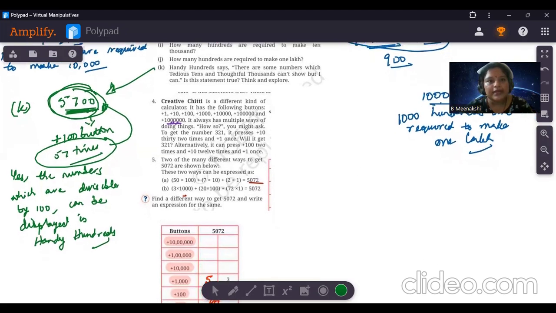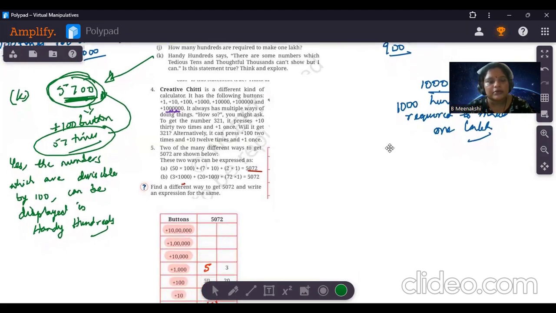Now, the next part is Creative Chitti. This Creative Chitti is a different kind of calculator. It has the following buttons: plus 1, plus 10, plus 100, plus 1000, plus 10,000, plus 1 lakh, plus 10 lakh.